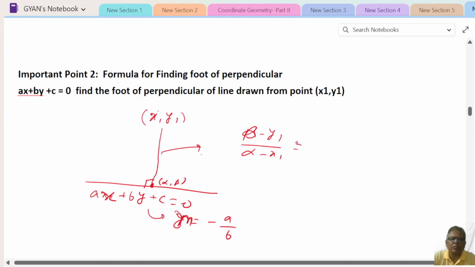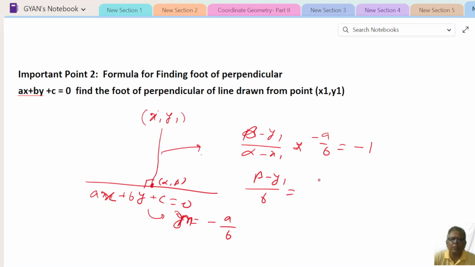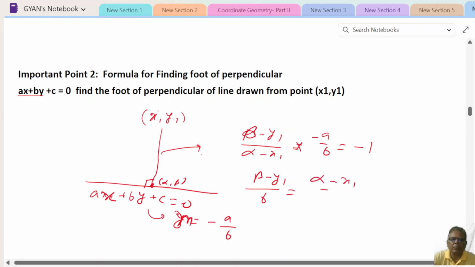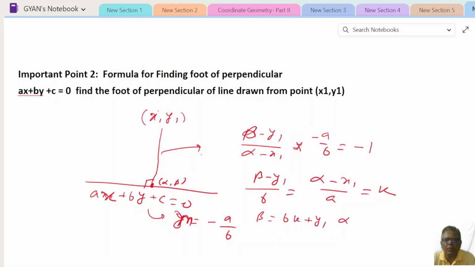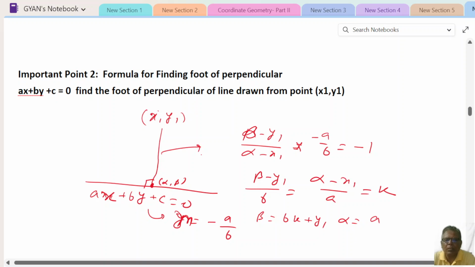Their product is minus 1, so (beta minus y1) divided by b is equal to (alpha minus x1) divided by a. Suppose this is k. So beta is equal to bk plus y1 and alpha is equal to ak plus x1.